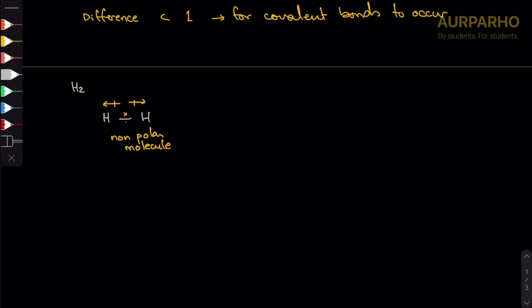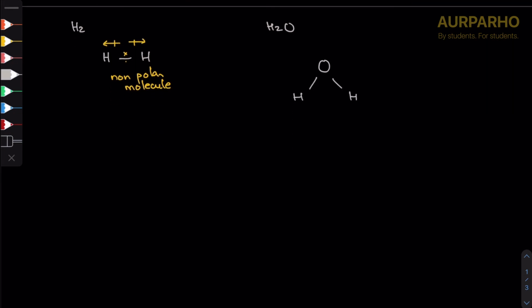On the other hand, let's take an H2O molecule. H2O has an O, an H, and an H, so it has 2 H and an O. O is significantly more electronegative than hydrogen, so electron density shifts upwards. In this case, you can see that it doesn't cancel out.